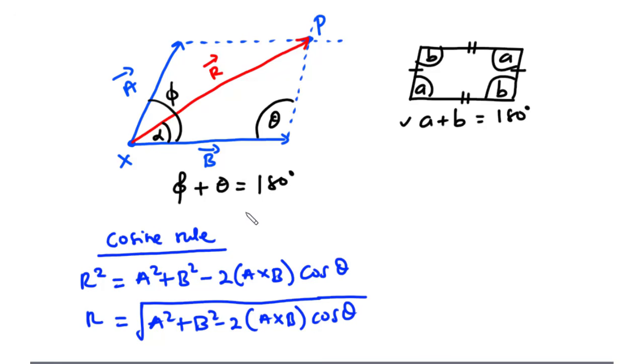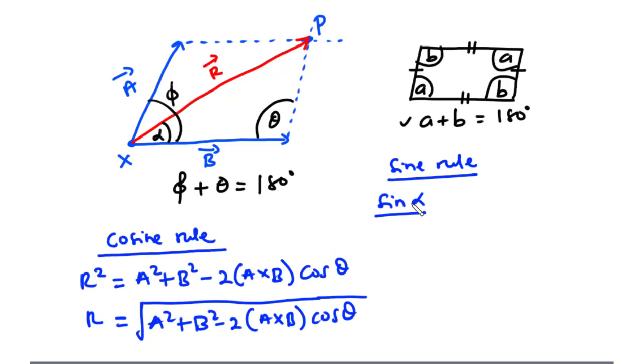So to find the angle alpha, we are going to use the sine rule or the sine law. So we have sine alpha, and then opposite alpha we have this side, and then this side is parallel to vector a.